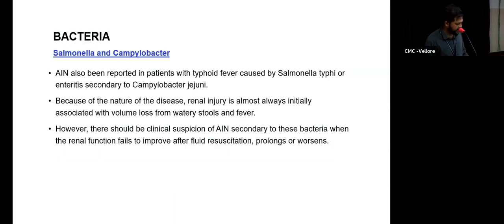Campylobacter and Salmonella: these are acute febrile illnesses caused by Salmonella, or enteritis caused by Campylobacter jejuni. Because of the nature of the disease, renal injury is almost always initially associated with volume loss from watery stools or fever. So you will have tubular necrosis also if the volume loss is very severe, along with the interstitial infiltrates.